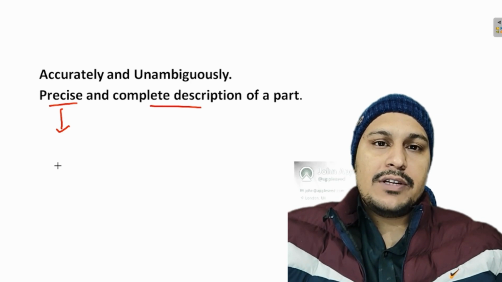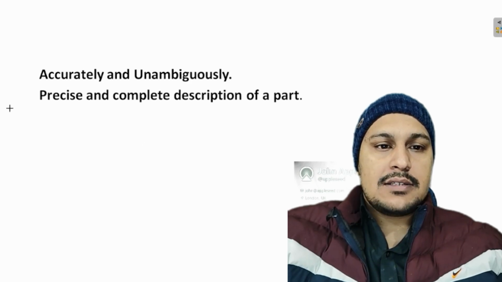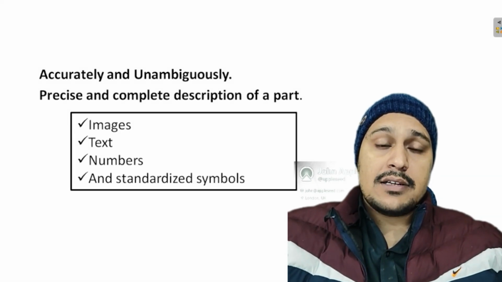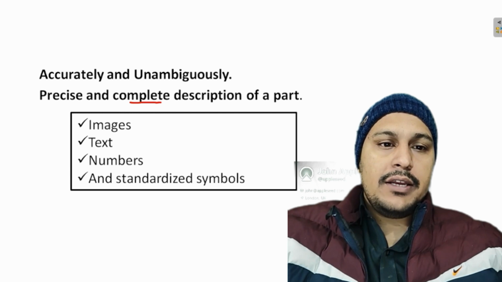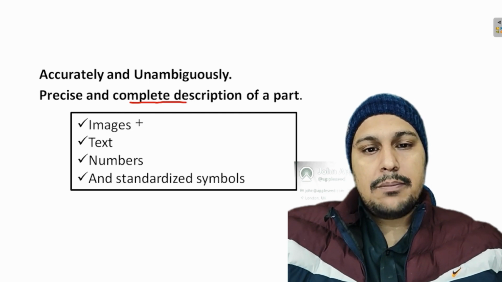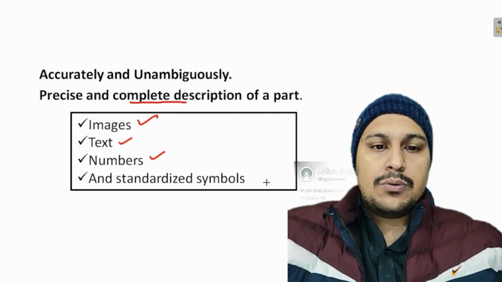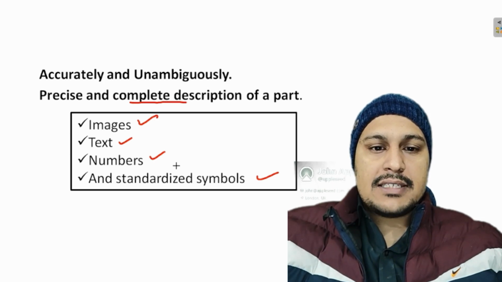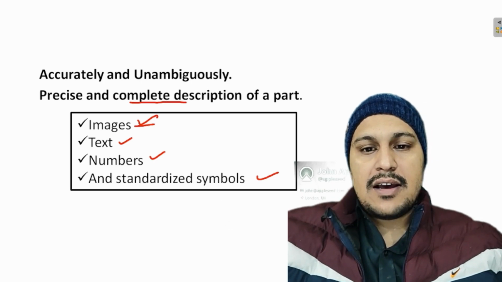Whatever information is placed on the drawing is there after doing multiple repetitions. The word description tells us a lot. A complete description means the drawing has images, text, numbers and standardized symbols.